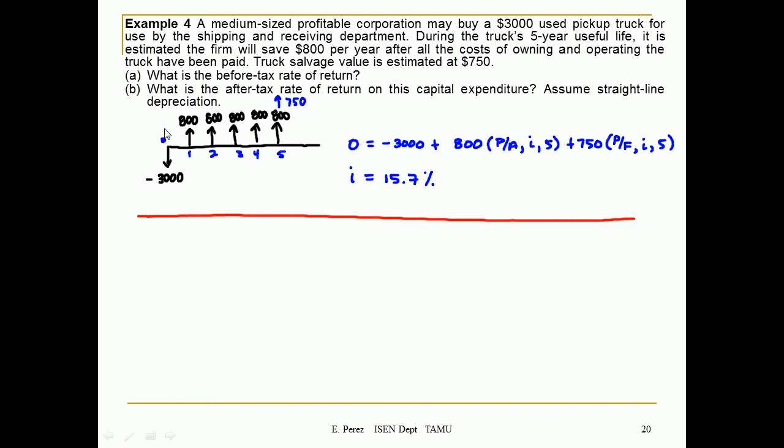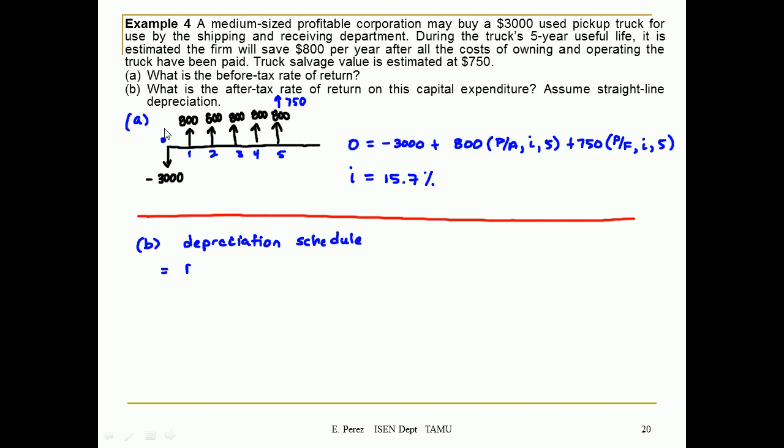Now, part B of the problem is asking what is the after-tax rate of return of this capital expenditure. And you're going to have to use straight line depreciation to get that after-tax depreciation. So let's work with the depreciation first. So this is part B. The depreciation schedule based on straight line.